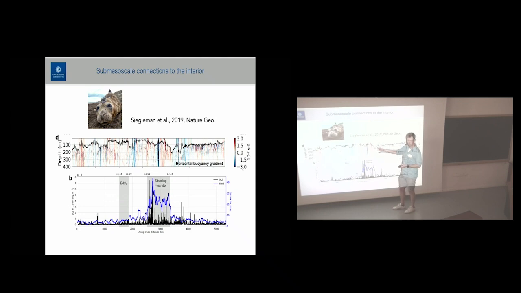They managed to get a high resolution tag back, and they could really estimate these lateral buoyancy gradients very well from the seal as it was moving through the ocean. And so these are the colors you see. These lateral buoyancy gradients, red and blue, are when these density gradients are sharpest. So we have a potential energy that's applied from these lateral buoyancy gradients.